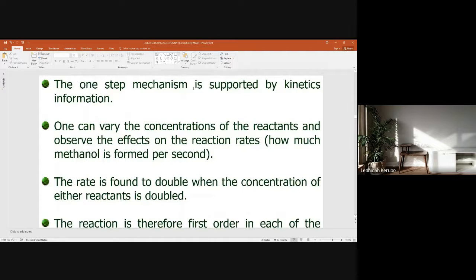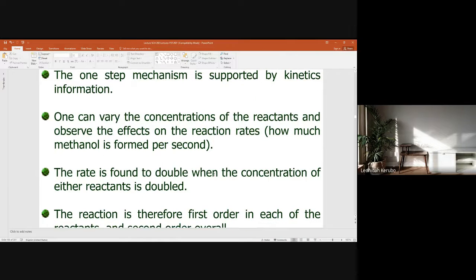So the one-step mechanism is supported by kinetics information. One can vary the concentrations of the reactants and observe the effects on the reaction rates, how much methanol is formed per second. The rate is found to double when the concentration of either reactant is doubled.